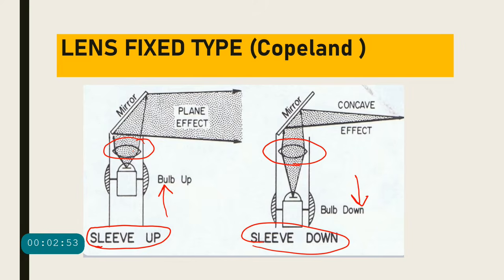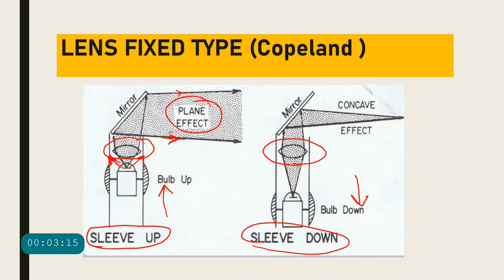The bulb and the condensing lens are closer to each other, and the vergence of the rays becomes more diverging. As the rays become more diverging, once they go to the mirror they will be more parallel or more divergent, and this is called the plane effect. So this will act as a plane mirror.